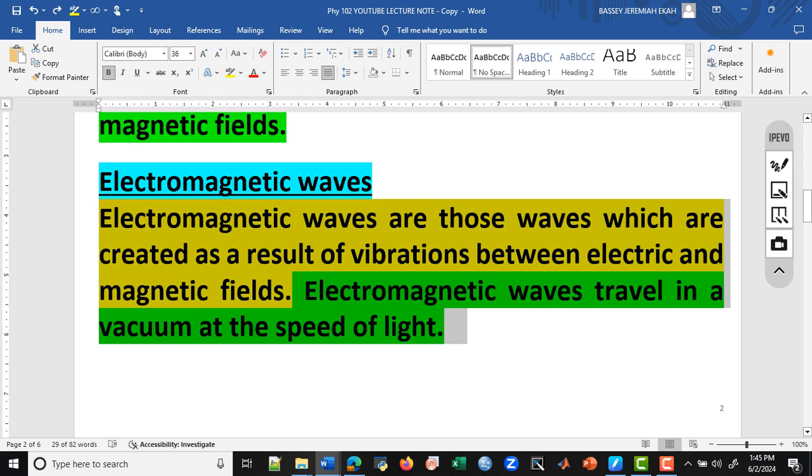One special attribute about electromagnetic waves is that they travel at the speed of light. So whether it is gamma ray or X-ray or UV ray as the case may be, or even radio wave, they all attain the same speed, which is the speed of light.